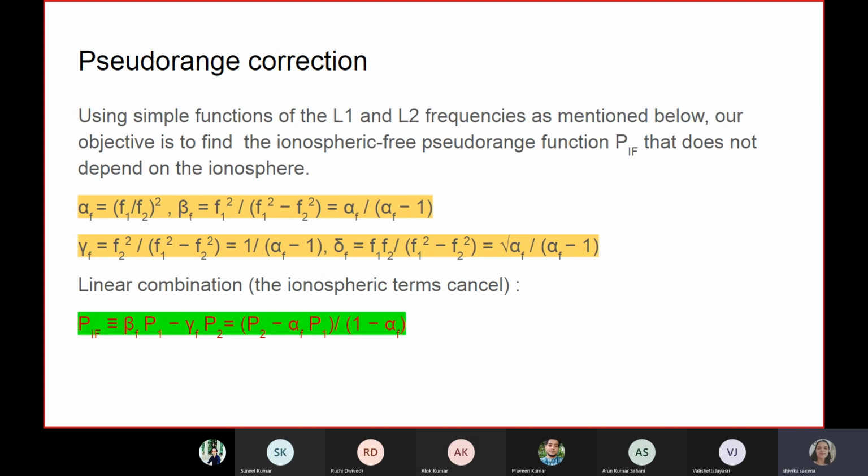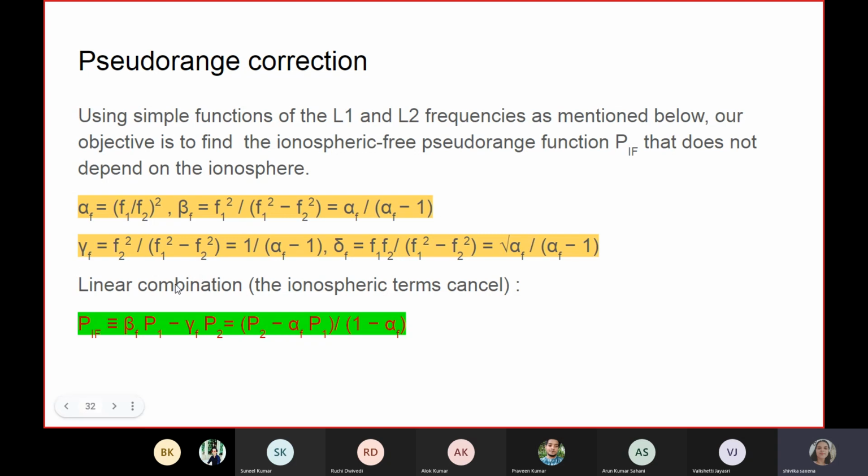Similarly, gamma f and delta f. These are predefined functions which, when we use in combination with the pseudo range for L1 and L2 frequencies, we will arrive at an ionospheric free pseudo range function PIF.